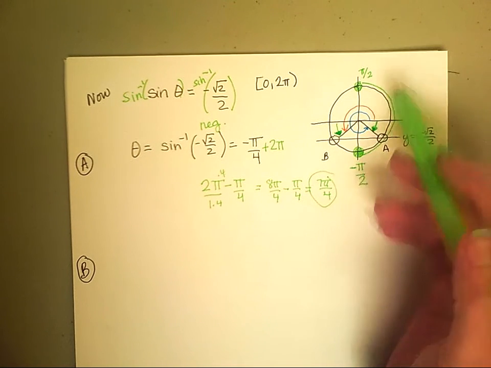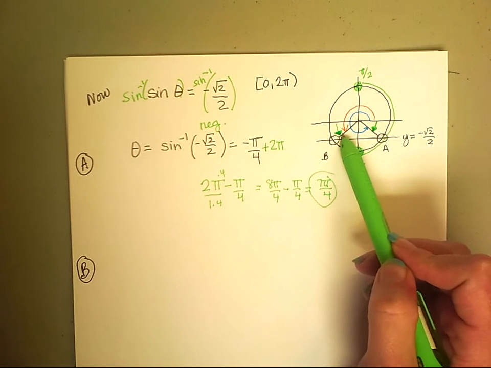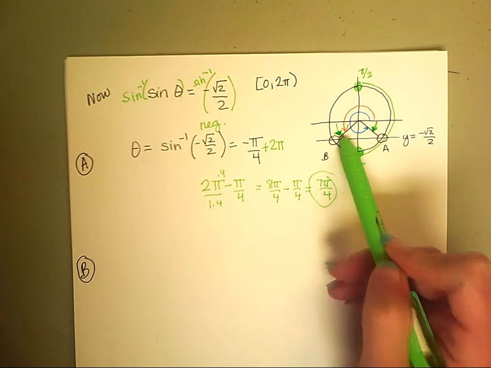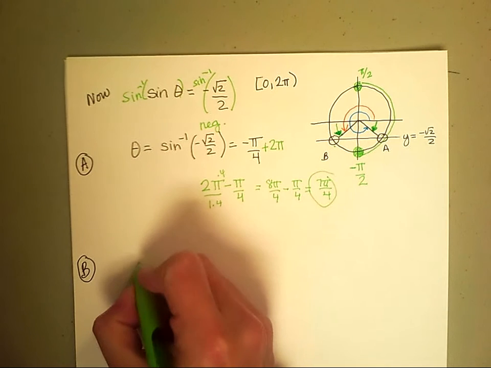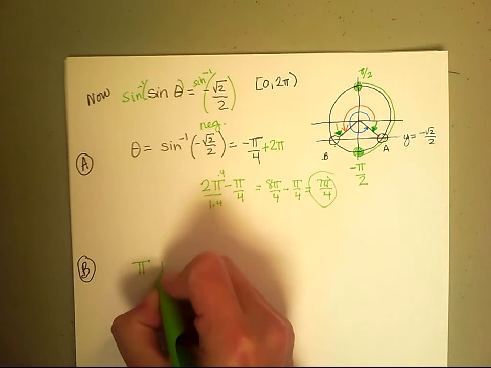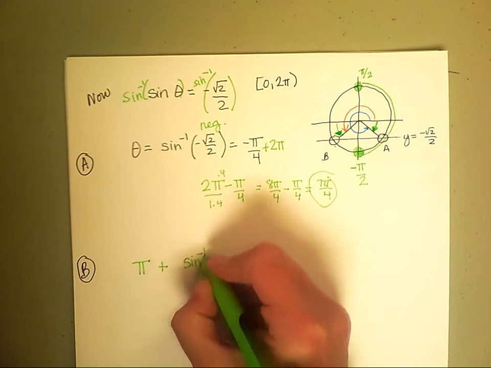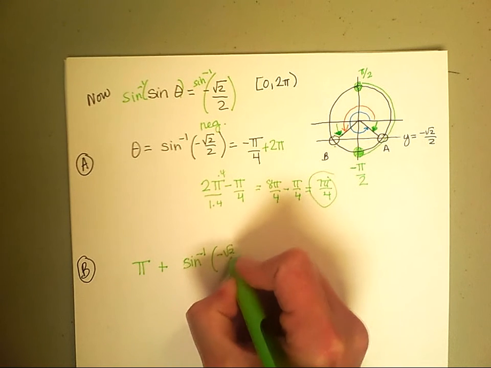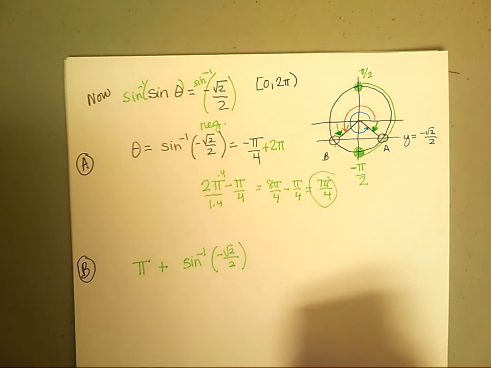I also know from here to here is pi. So if I could take pi and then move forward that extra little bit, then we would be at angle B. So in angle B, we take pi, and we want to add to it this inverse sine of negative square root of 2 over 2.